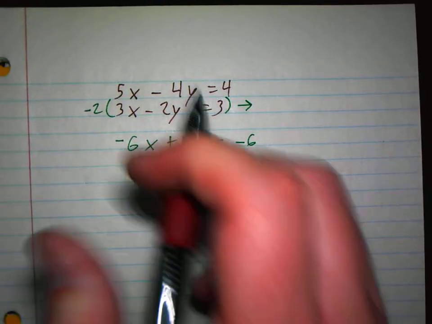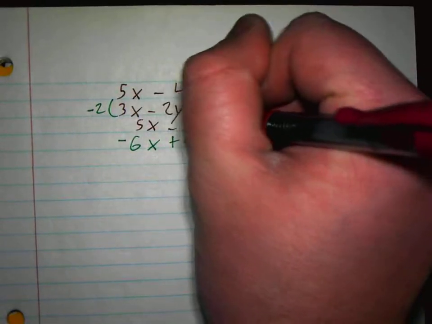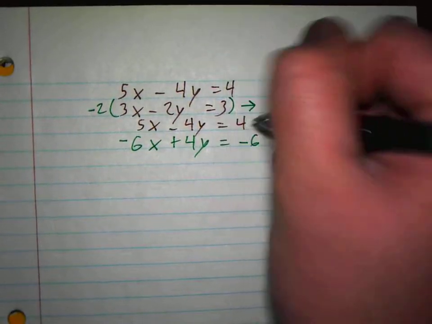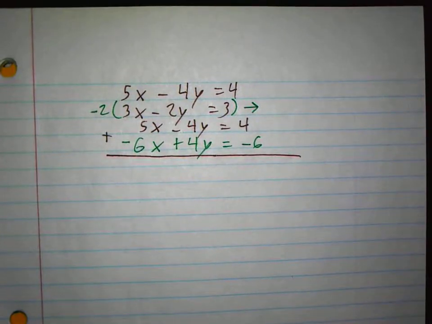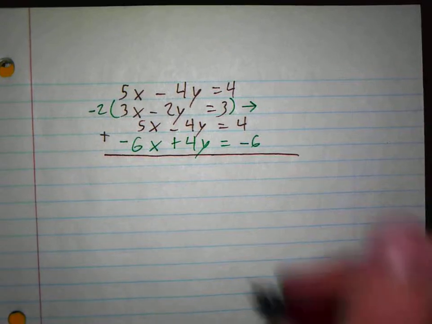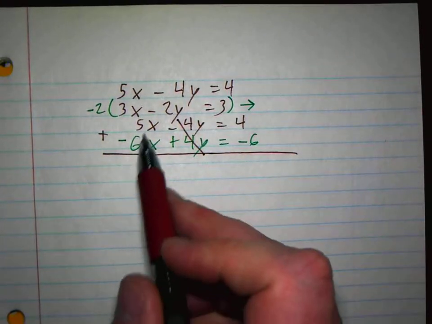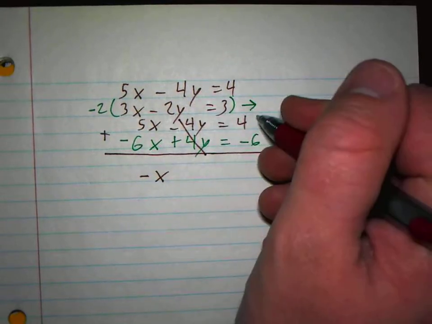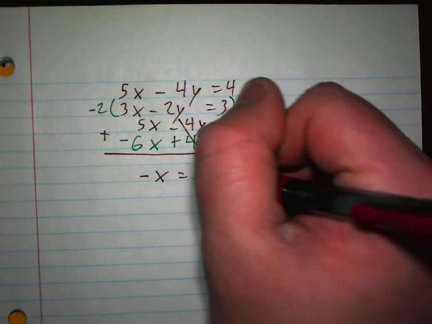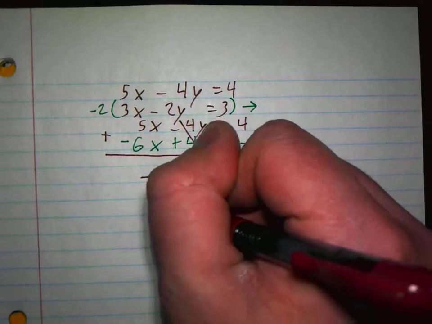And then I bring down the top equation. And then you add them. Remember doing this, elimination? From Algebra 1? These cancel. 5x plus -6x is -x. And 4 plus -6 is -2. So x is 2.